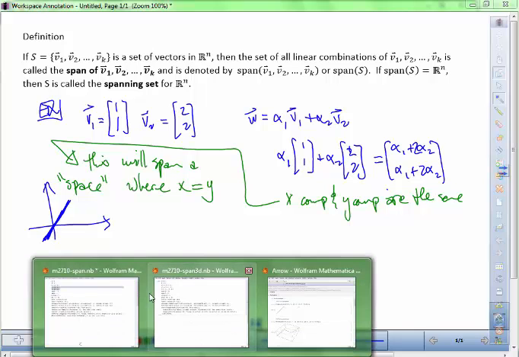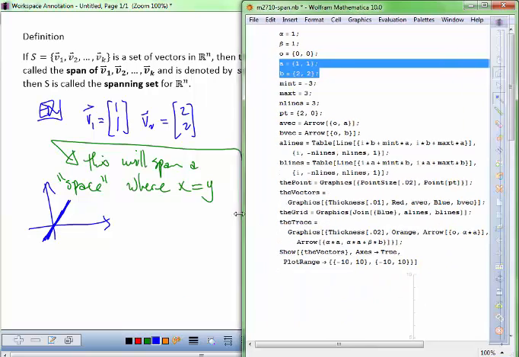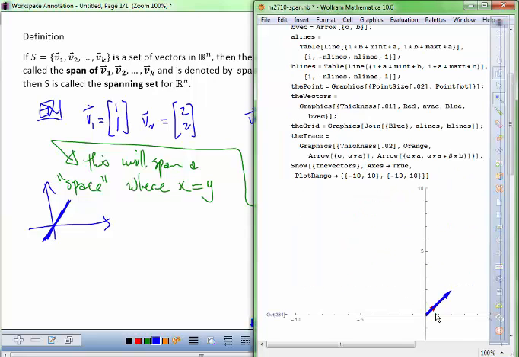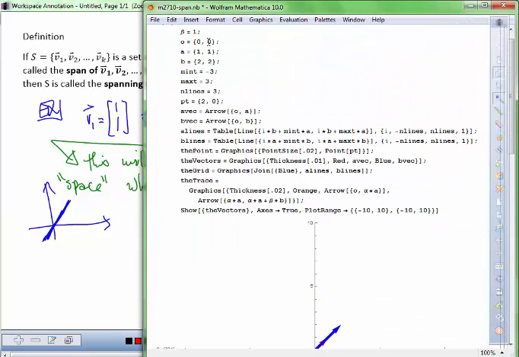So let's see if we can get a visual of this. These two vectors are right on top of each other. I tried to make one of them red. I suppose if I switch the order.